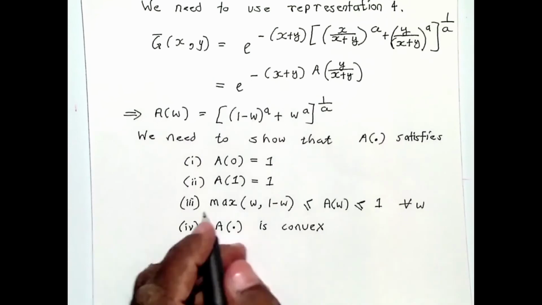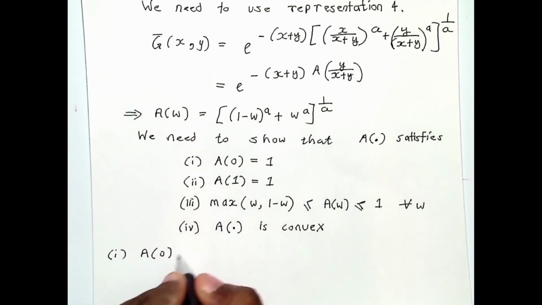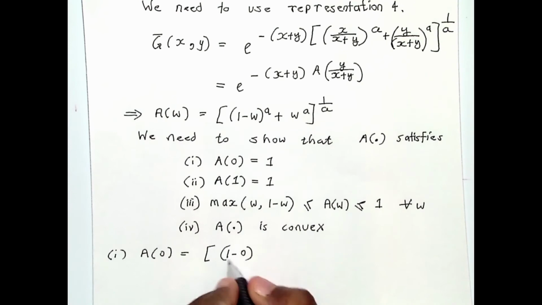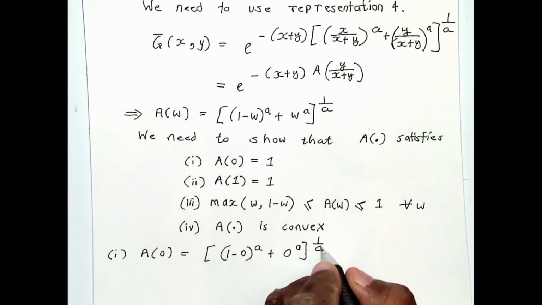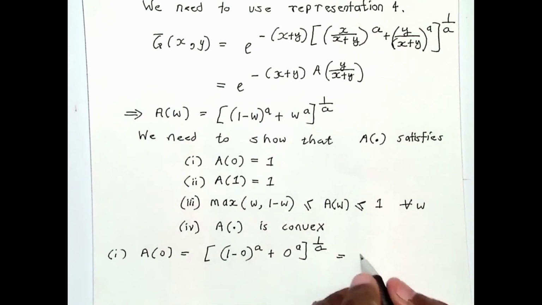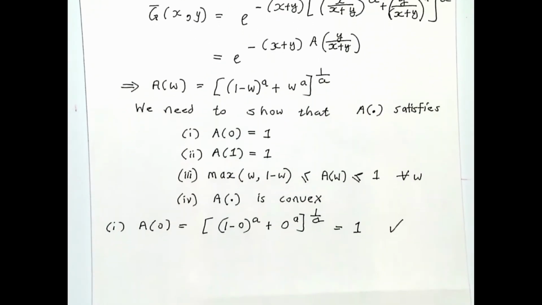Okay, let's try to show one at a time. All right, starting with condition 1, which is a of 0, which is equal to 1 minus 0 power a to the power this, which is clearly equal to 1. So condition 1 is satisfied.